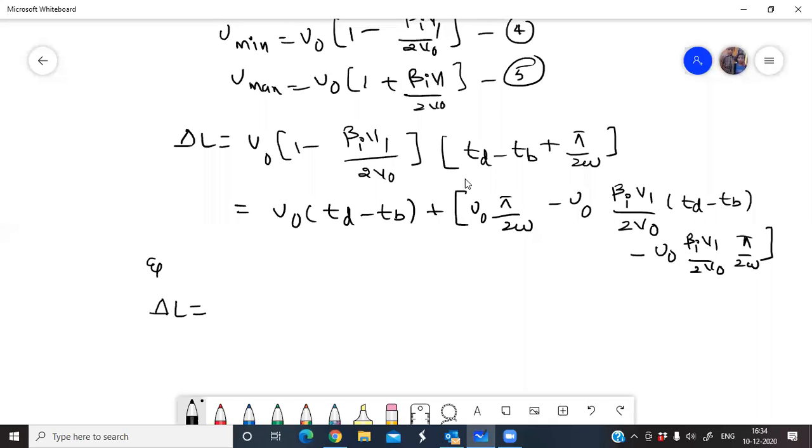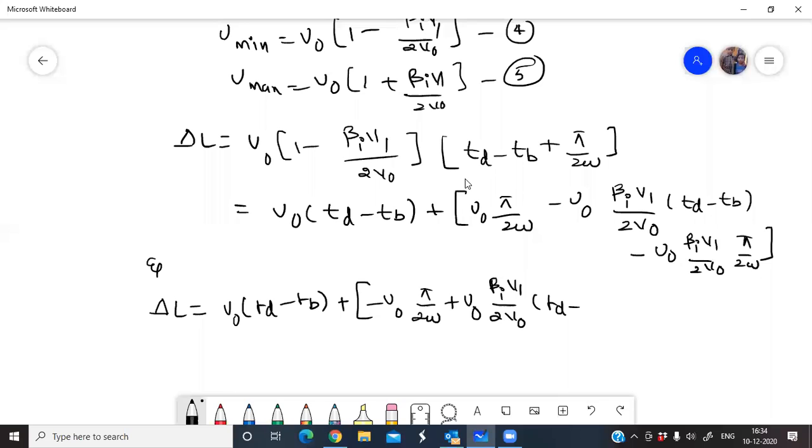Delta L equal to V naught into (TD minus TB) minus V naught pi by 2 omega plus V naught beta I V1 by 2 V naught (TD minus TB) plus V naught beta I V1 by 2 V naught pi by 2 omega. So you will get these two by substituting 4 and 5 in equations 2 and 3.